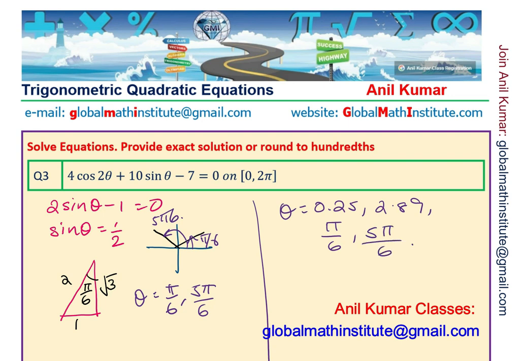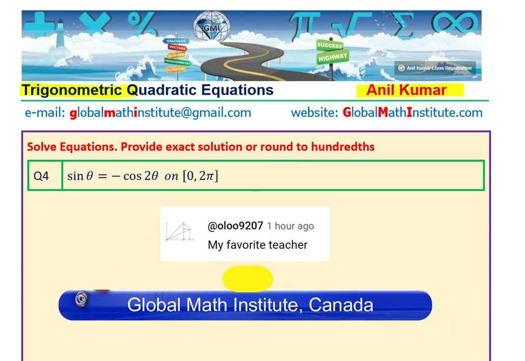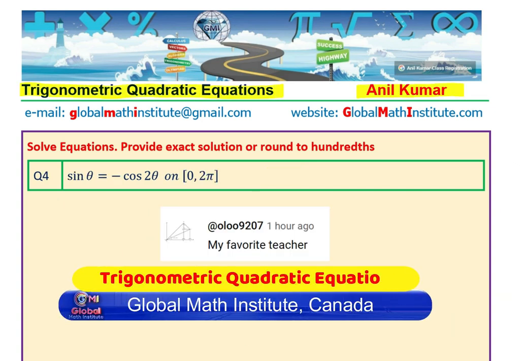Correct? So these are the four solutions for the equation to be true within the domain of 0 to 2 pi. Perfect. So that brings us to the last problem, question number 4 to be solved.